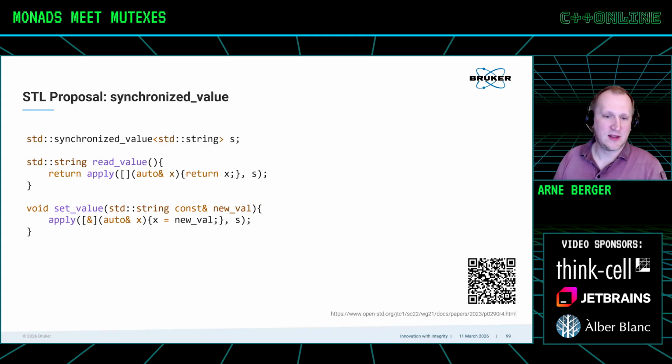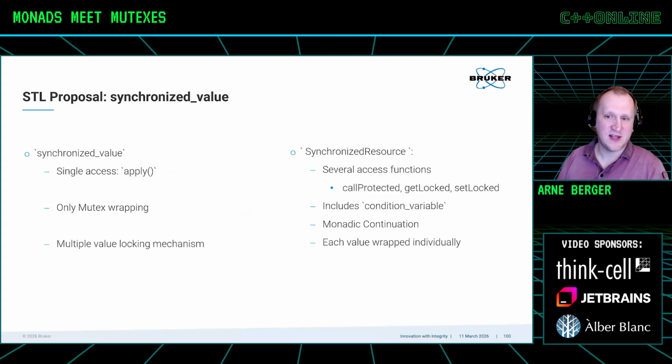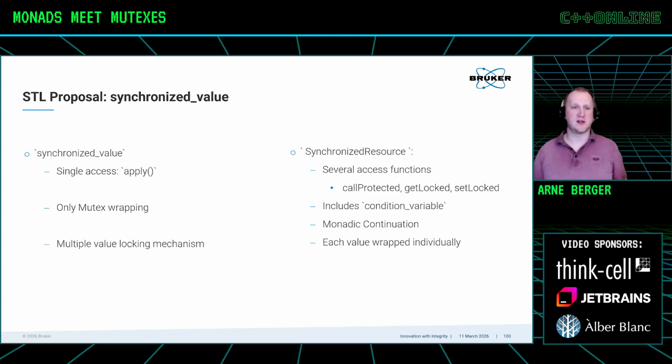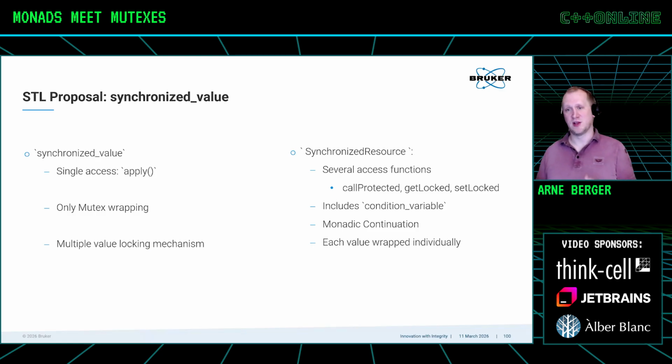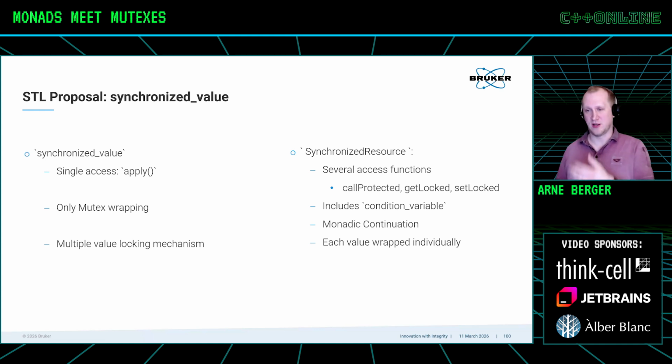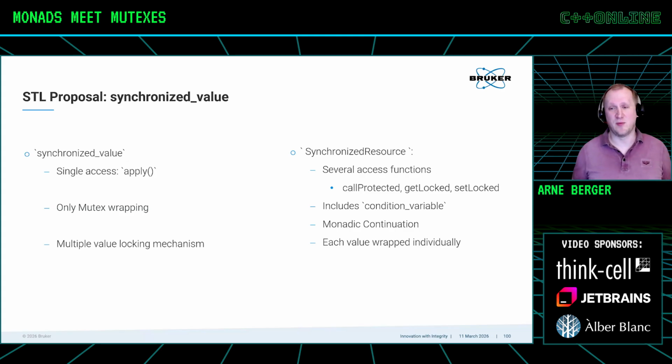Okay, let's compare that with what I have done. On the left side, the synchronized value has a single access, the apply function, while the synchronized resource has several access functions: get call protected, get lock, set lock, get copy. Call protected is somehow the same as the apply, or you can achieve the same with it.